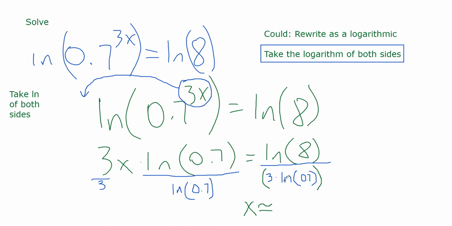And you'll get a negative number. That's okay. Remember, these might come out negative. You just can't use a negative base. And the number I am getting is negative 1.94. So if I want you to round to 3 decimal places, negative 1.943.